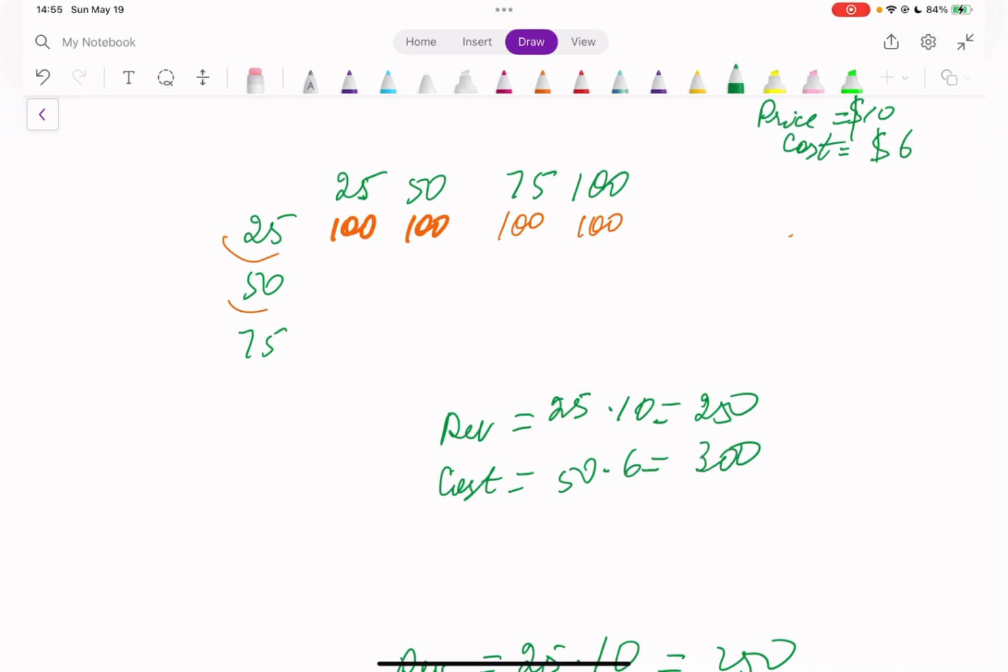So 250 minus 300 is going to be negative 50, a loss.